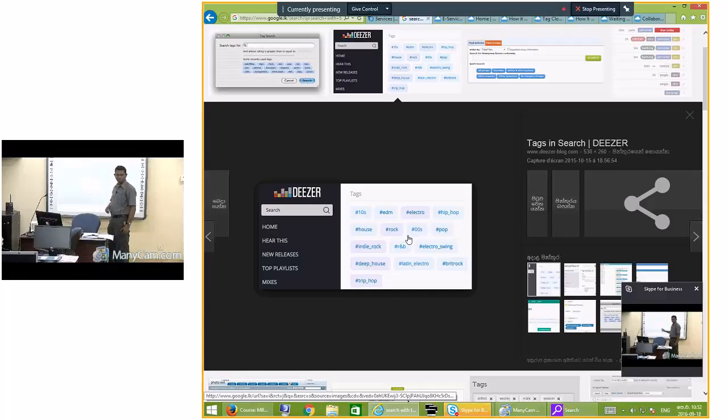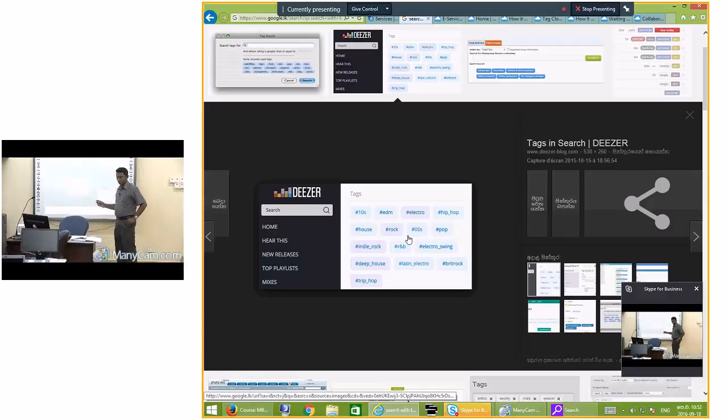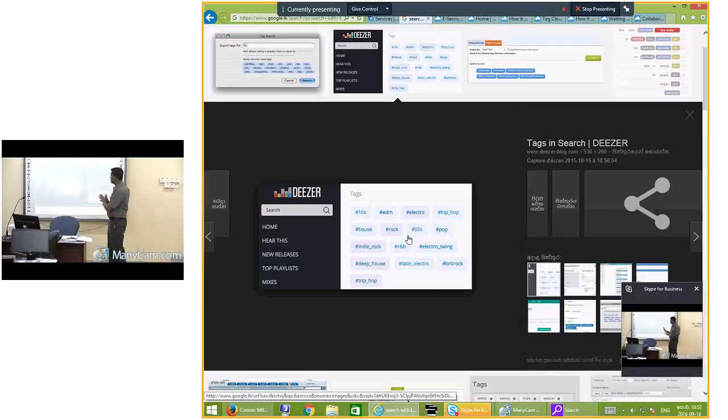So that you can straight away see, okay, this keyword is searched so many times, right? So those kinds of benefits are there.